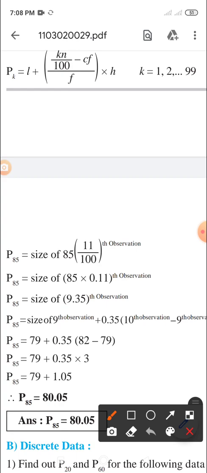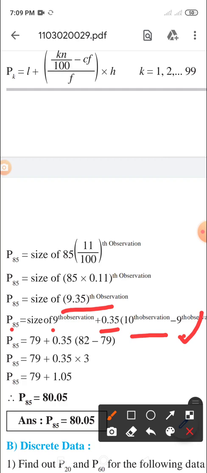So the adjustment is P85 is equal to size of 9th observation, because here it is 9, plus 0.35, because 9 plus 0.35 is equal to 9.35. This 9.35 we divide into two parts: 9 plus 0.35 into bracket 10th observation minus 9th observation.